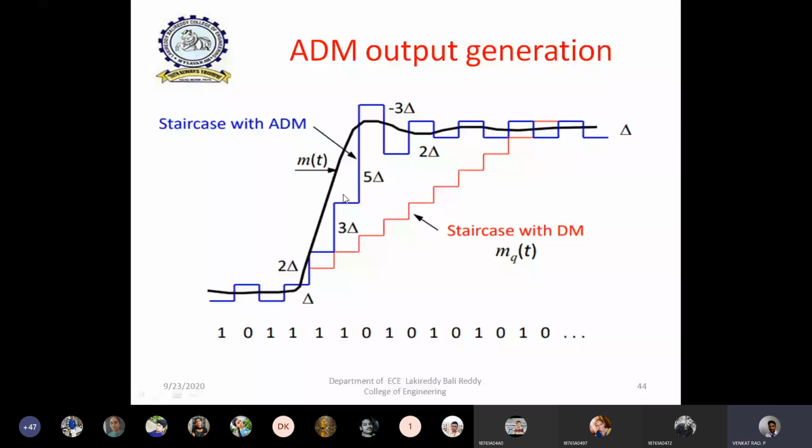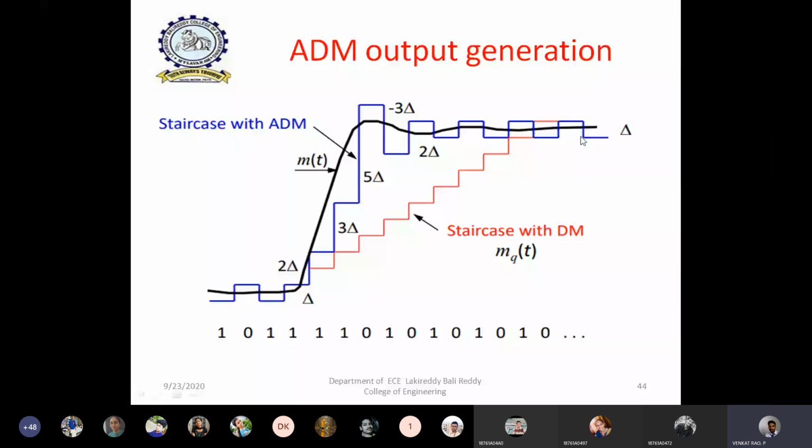If the input signal suddenly rises, the step size value automatically increases from delta to 2 delta, 3 delta, 5 delta and so on. Whenever the input signal has very little variation, the step size is automatically reduced from 5 delta to 3 delta, 2 delta, and delta, and so on.